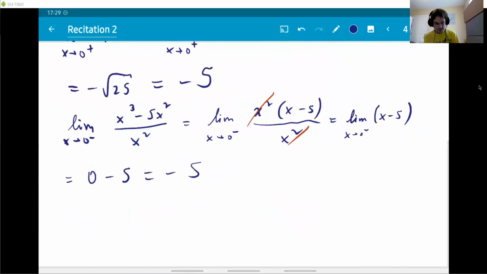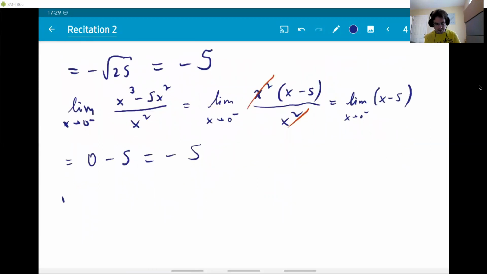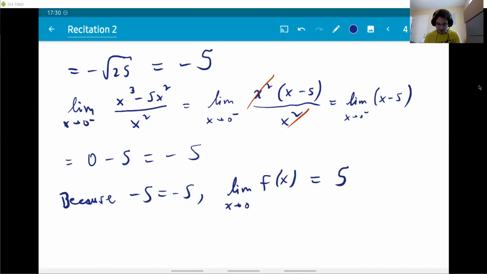Now notice that the two answers that we found for the one-sided limits were equal. And we had a theorem that said whenever this happens, the limit exists and it is that same value, -5.